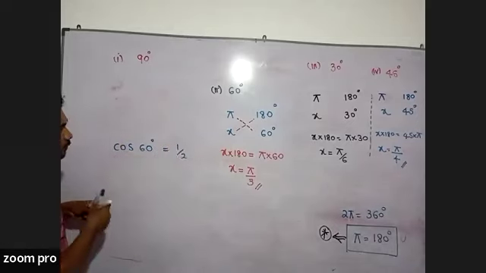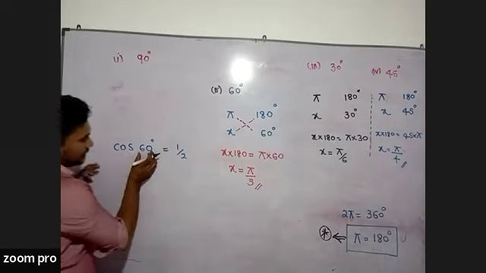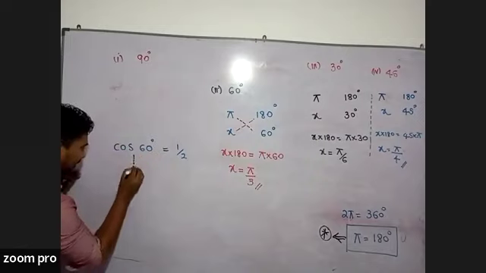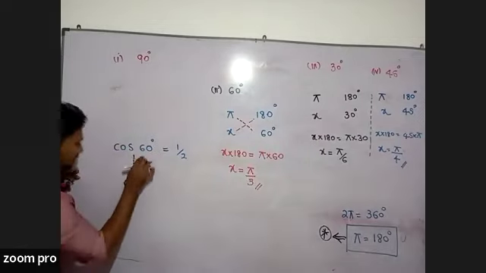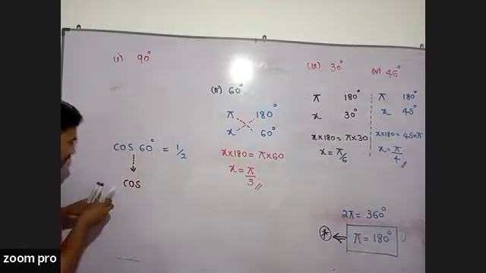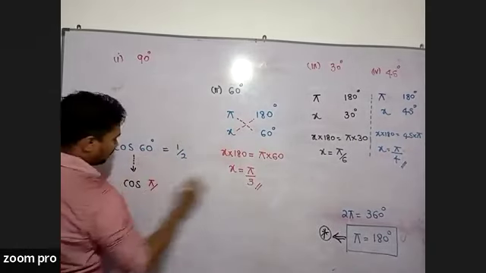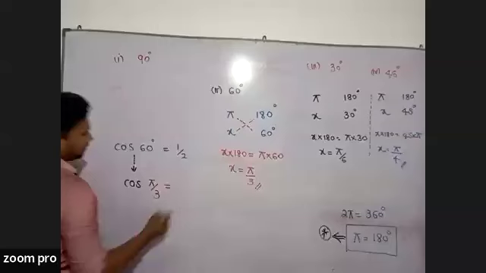And if you are given this degrees value in radians, it can be written as cos, instead of 60, you can substitute 5 over 3, right?